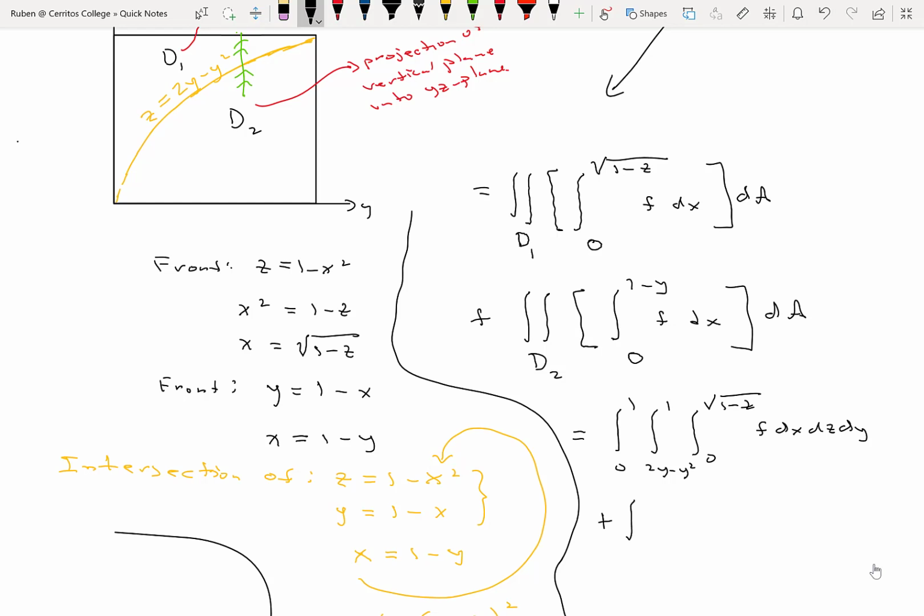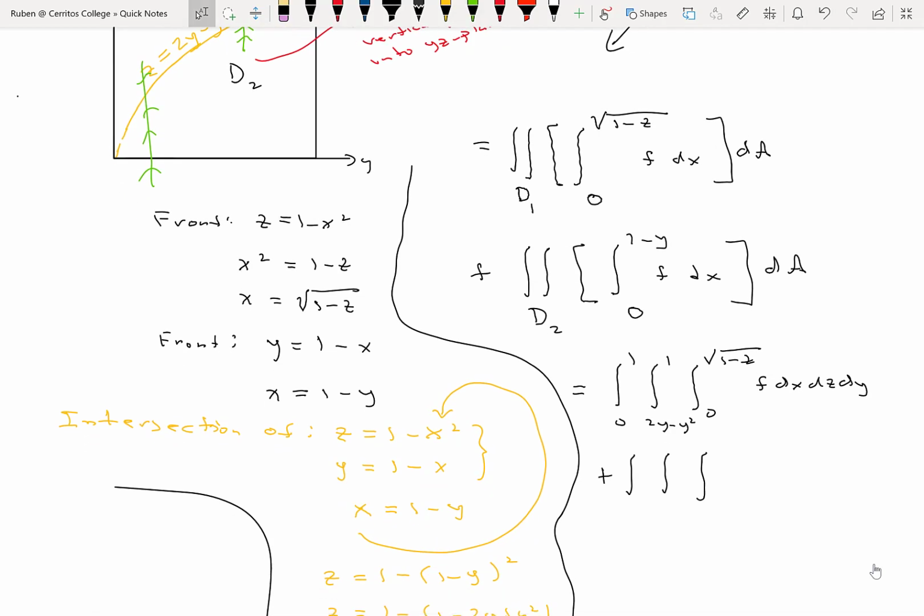The last integral, the double integral over D2, is another type Roman numeral 2 region. The green line going through our region. The innermost integral doesn't change. It's the integral from 0 to the square root of 1 minus z. This isn't part of the limits for the double integral.